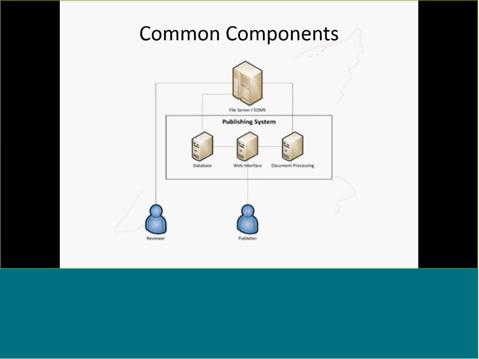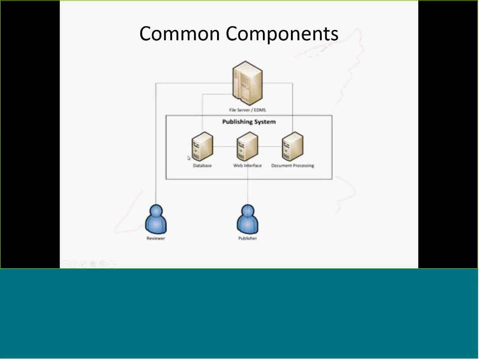This also means that most of these enterprise systems can access multiple document processing servers, so that if you have a lot of submissions consistently, you can have multiple document processing servers, which speed up your publishing time.